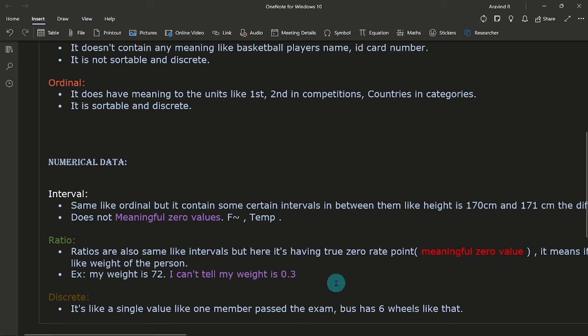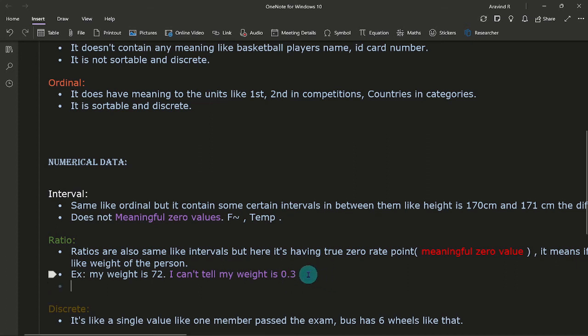The same thing with my height. My height is 173. It has a meaningful number. Can I tell you my height is 0.72, or 0.89? My height is zero?